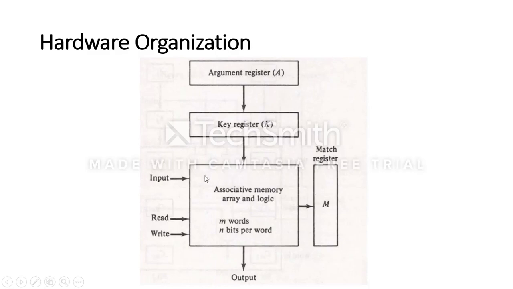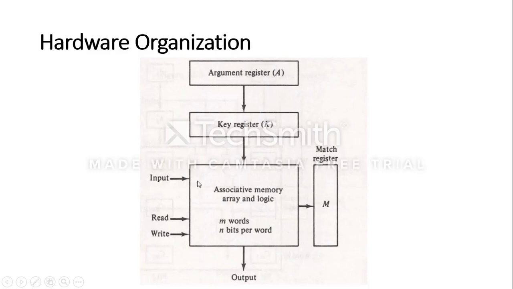For each word in the associative memory, there is one designated bit in the match register. As you know, here the associative memory is having total m words. That means the width of the match register must be m bits. For each memory word of the associative memory, we have 1 bit in the match register.